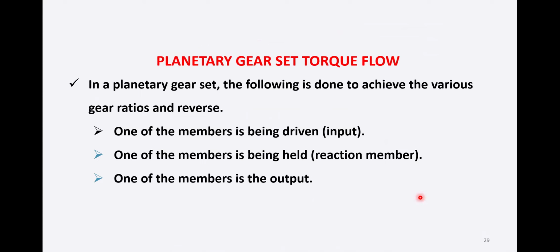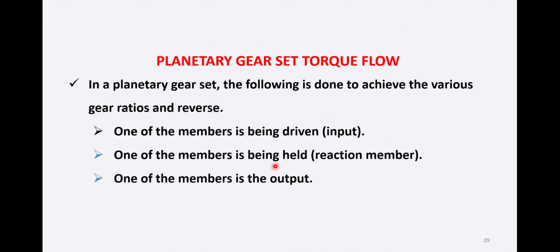Now, the planetary gear set torque flow: how the torque flows in the planetary gear set. In planetary gear sets, the following is done to achieve the various gear ratios and the reverse condition. As we know, we have three members: the sun, the pinion, and the ring gear. One of the members is being driven, so it may be the sun, the pinion, or the ring. We give input to that.